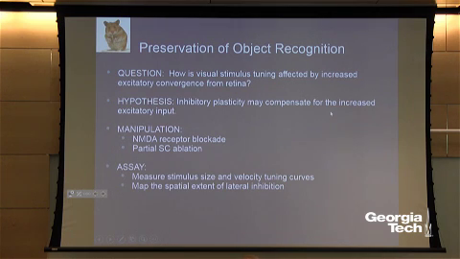And we're going to ask whether that NMDA receptor blockade combined with the partial lesion of the tectum affects stimulus size and velocity tuning. We thought certainly it would, because we were thinking that it's not just one target cell that defines direction and velocity, because the stimulus is moving. And so you have to compare from one cell to the next.